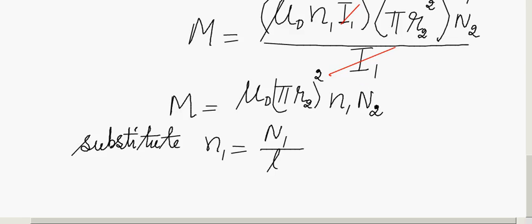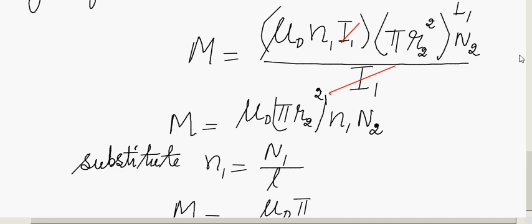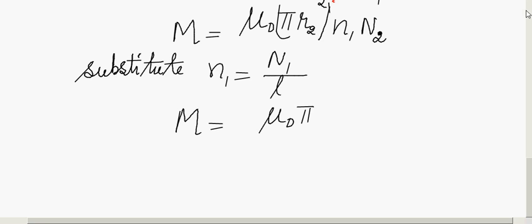What do we get? M is equal to mu naught into pi R2 square, not pi square, into N1 by L into N2.